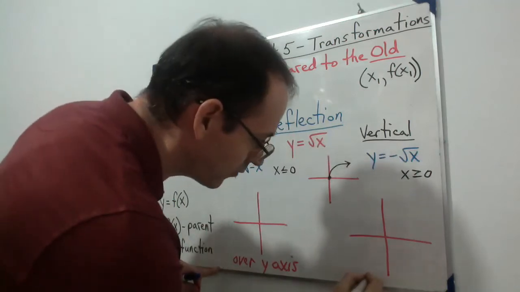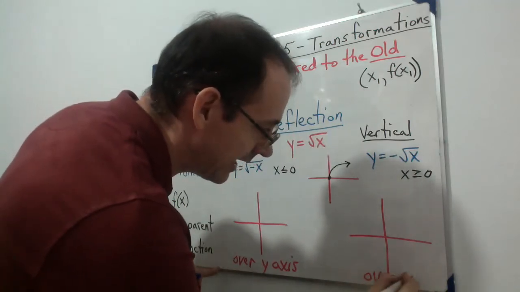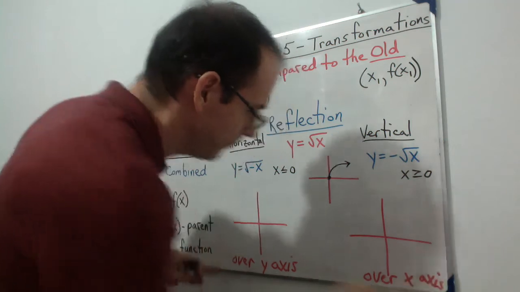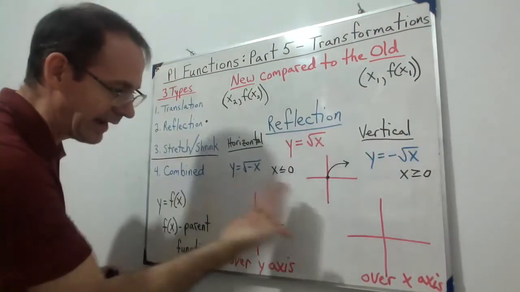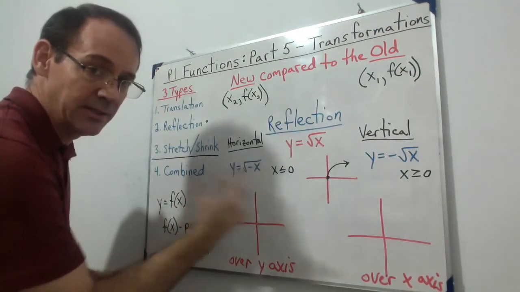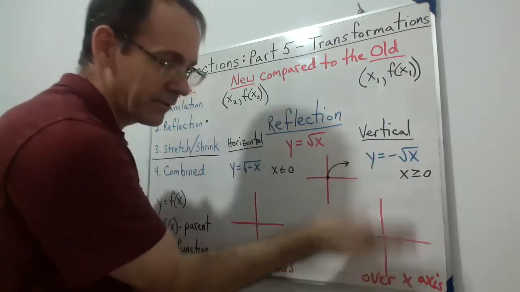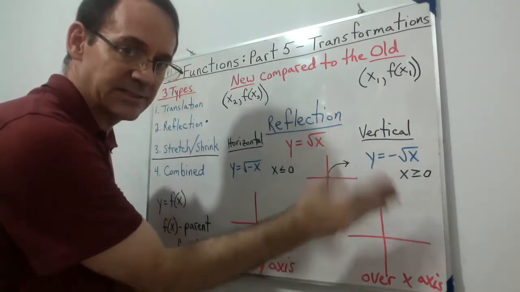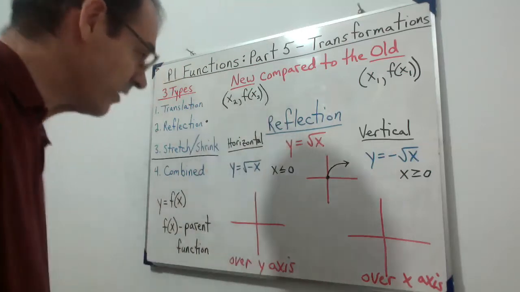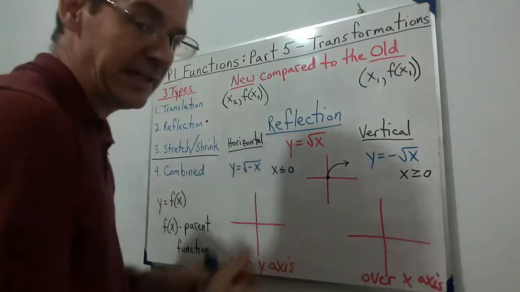This is over the x-axis. Okay, so if you flip over the y-axis, that's horizontal transformation. If you flip over the x-axis, that's vertical movement.